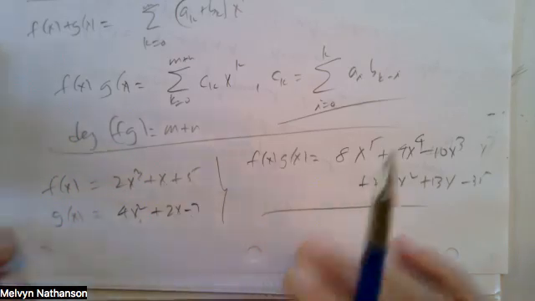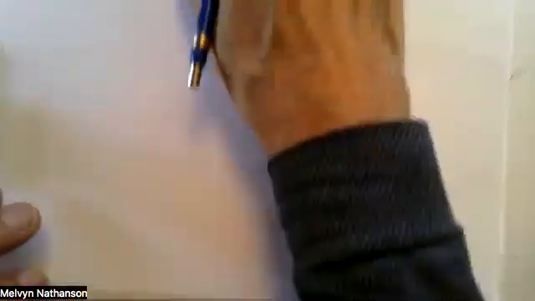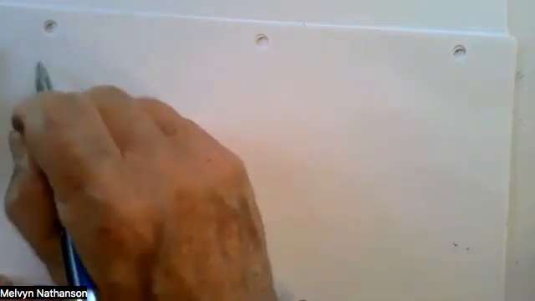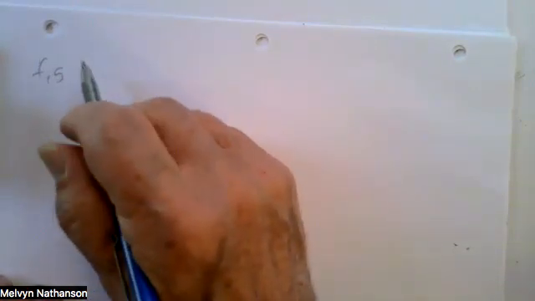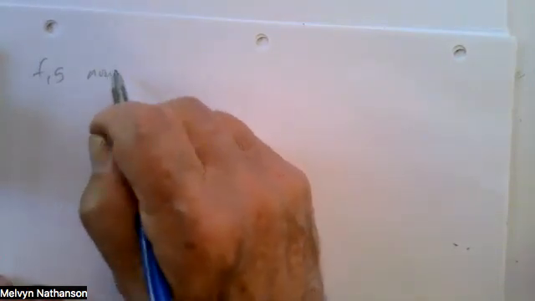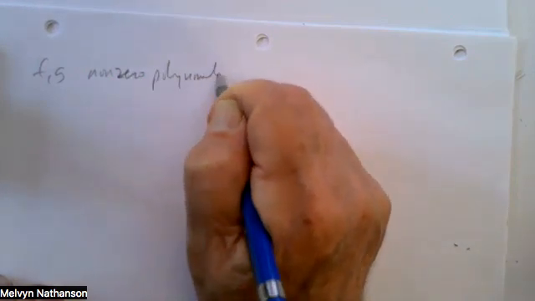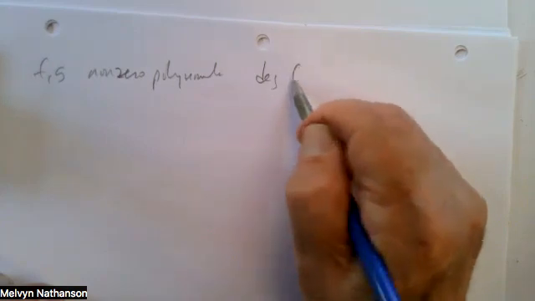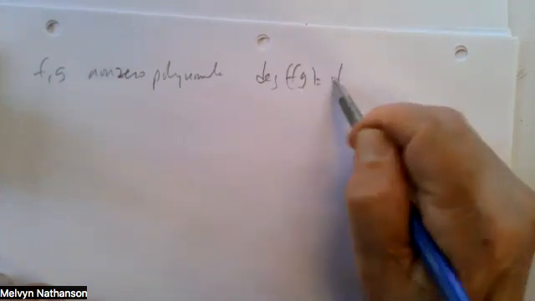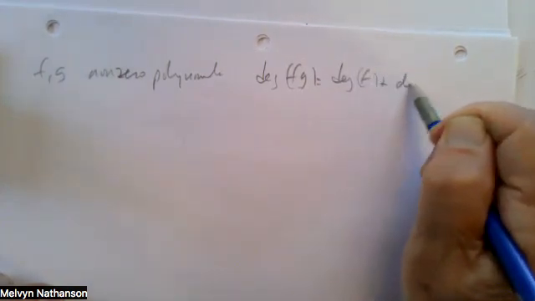And if you look at the degrees of polynomials, when you add them and multiply them, there are two simple rules. If f and g are non-zero polynomials, the degree of f times g is the degree of f plus the degree of g.